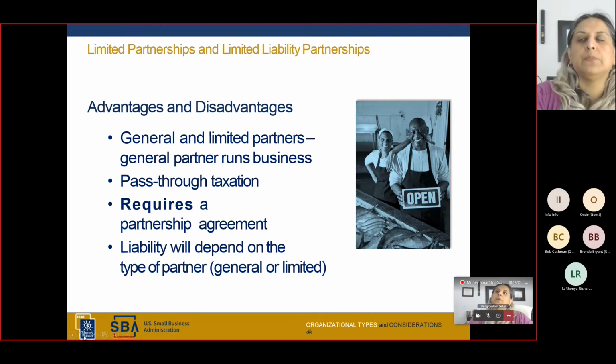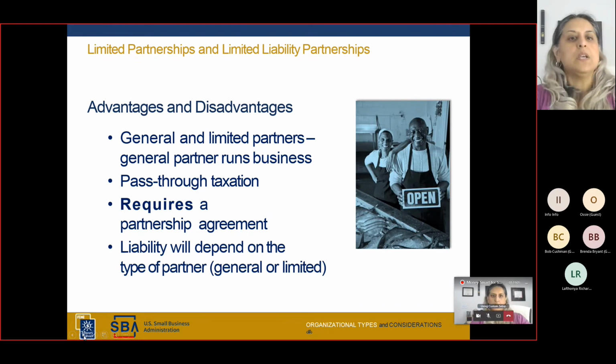The general partner in a limited partnership is responsible for the ordinary operation of the business. So the limited partner does not control how the business will be run. The limited partnership structure generally encourages investors for short-term projects or for investing in capital assets. It is not often used for operating retail or business services.